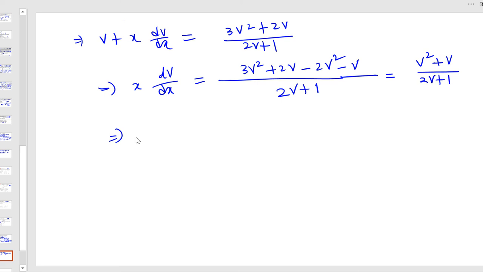So if you separate the variables, left hand side in terms of v, right hand side in terms of x, here you will have 2v plus 1 by v square plus v into dv, and then we have dx by x.